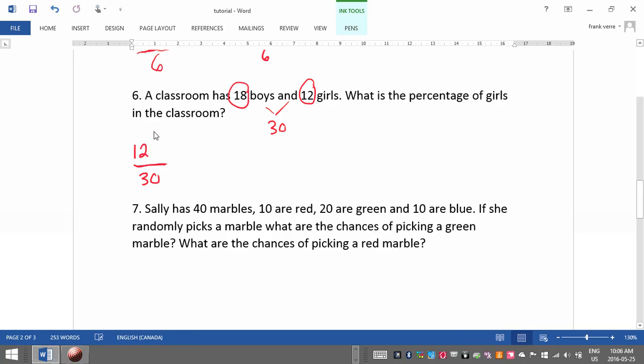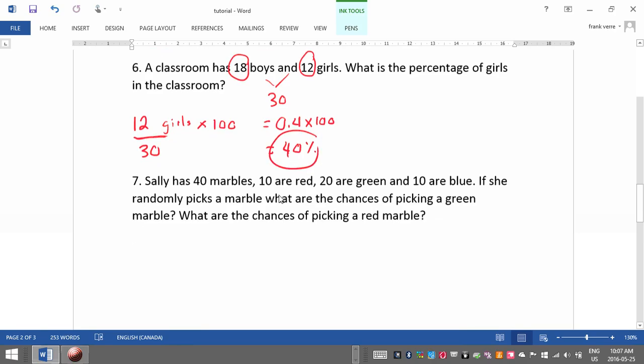So percentage is 12 divided by 30 times 100. So on your calculator, 12 divided by 30 is 0.4 times 100, ends up being 40%. So the answer is 40%.